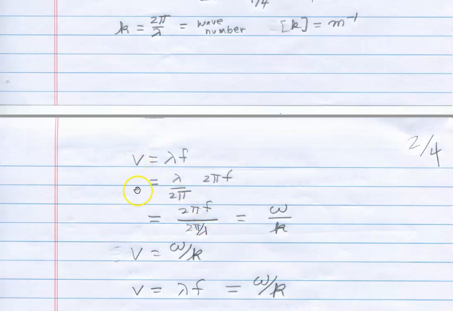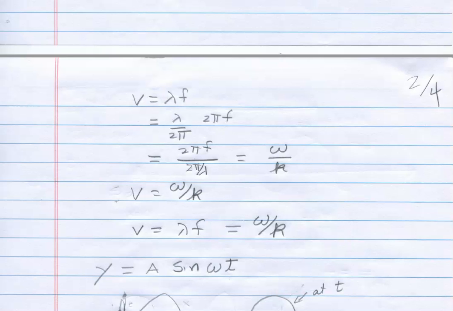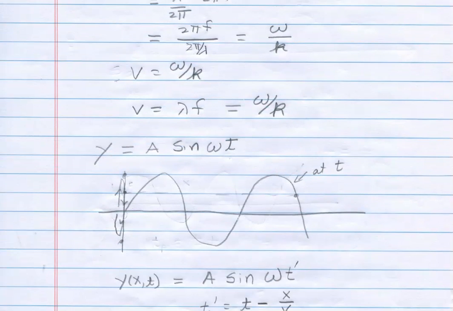And so another expression for the wave velocity is 2 pi f, that's just omega, over 2 pi over lambda, that's just the wave number, so it's omega over k. So these relationships are really the same; they're just different values.